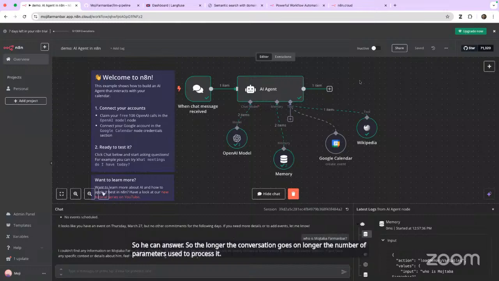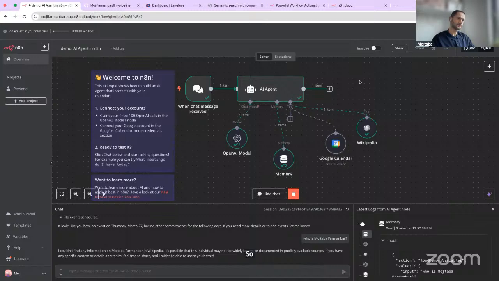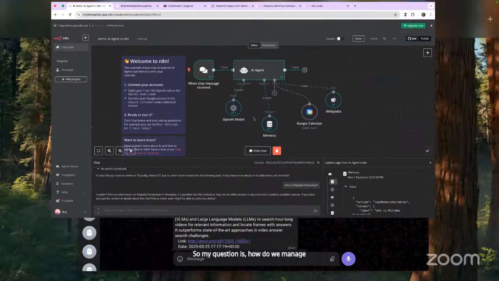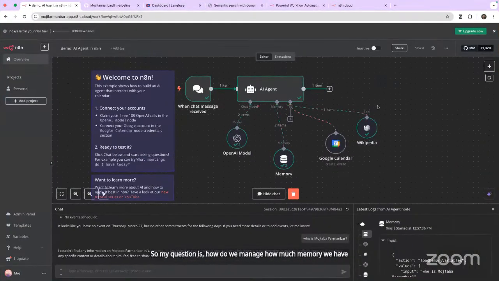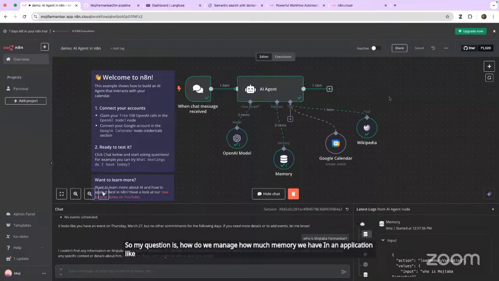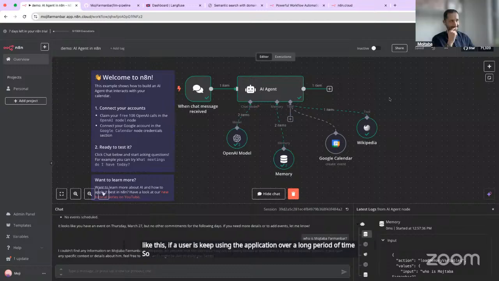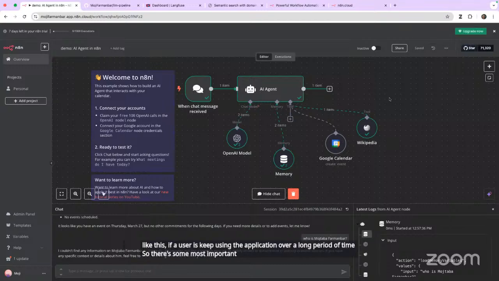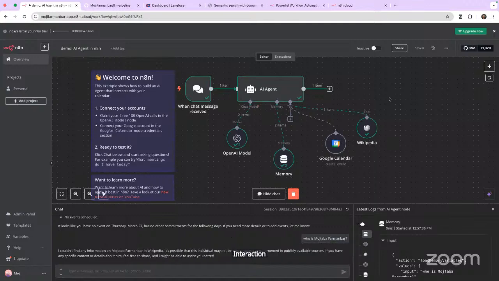So my question is, how do we manage how much memory we have in an application like this if a user keeps using the application over a long period of time? Is there some most important information to keep track of, or do we keep sending to the LLM all the information from our interactions with that user throughout all the time? I don't know if it makes sense.